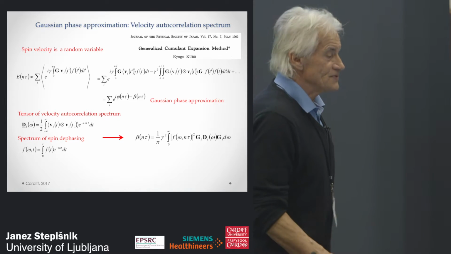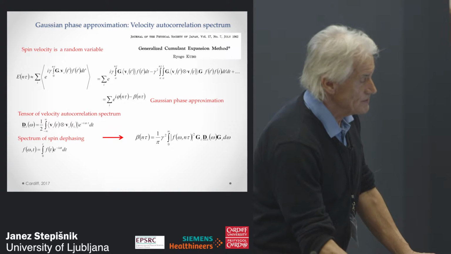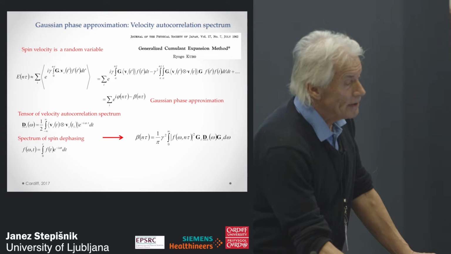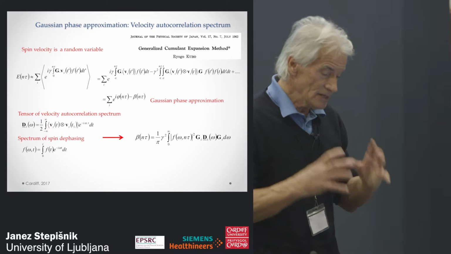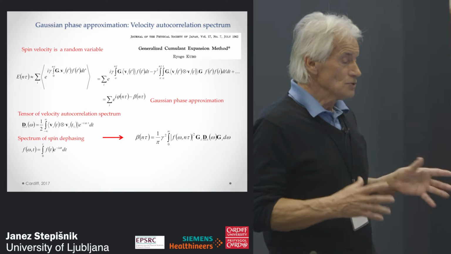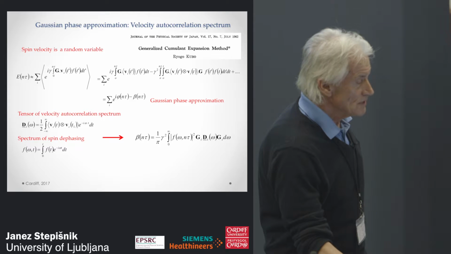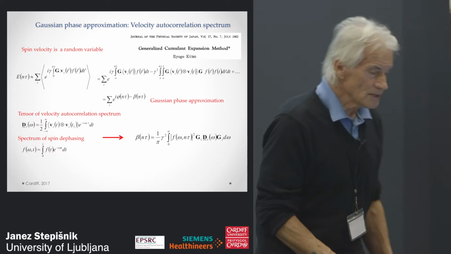And now we transform this correlation function with a Fourier transform, in such a way that it is now a spectrum. I have to mention here that this velocity correlation is a tensor in the system. If you have an anisotropic system, you should take this into account. And this is a part which comes from this function F(t), and all together gives us the attenuation.